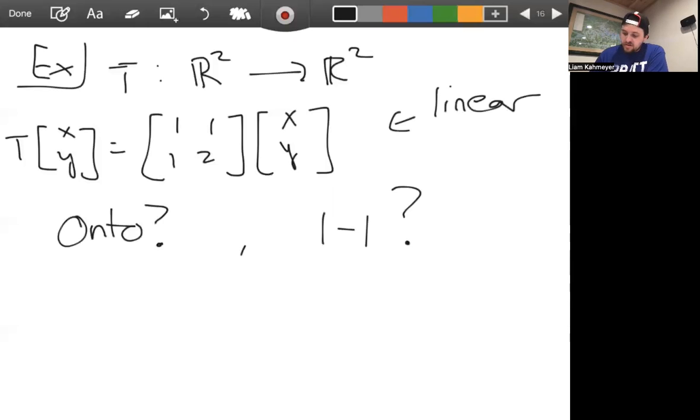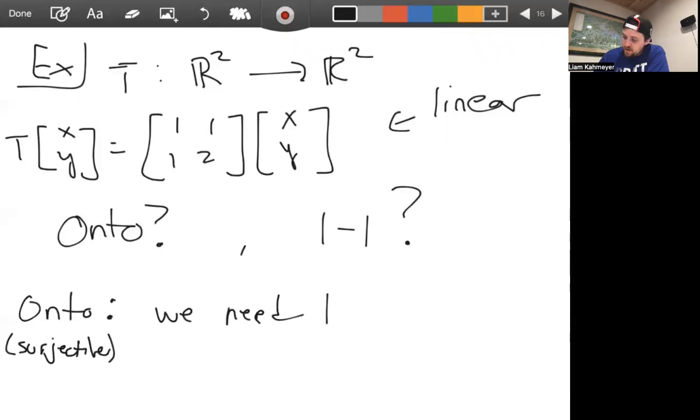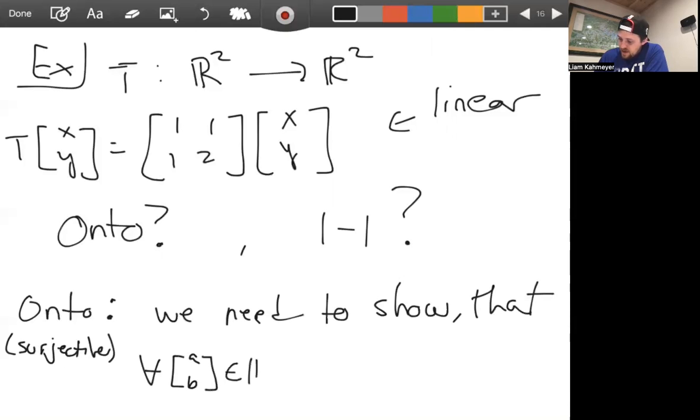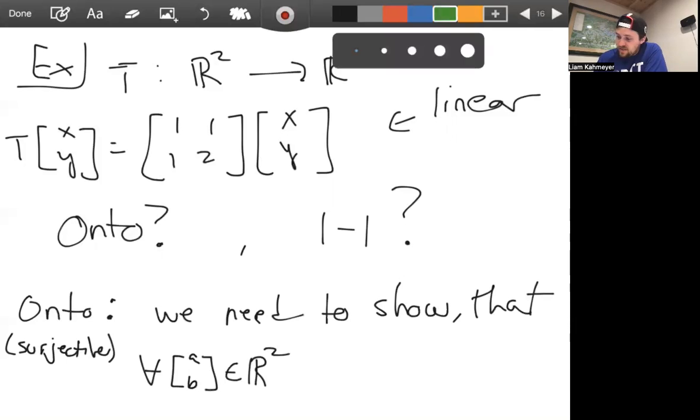Well, let's start with onto, or surjective, right? What do we need to show? We need to show that for all points A, B in R2, and we're looking in the target R2 here, right?